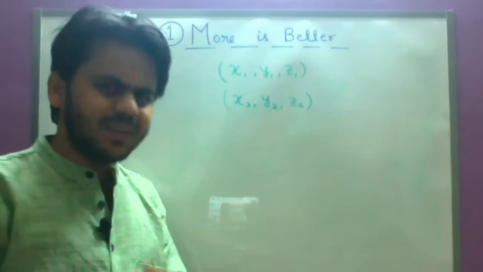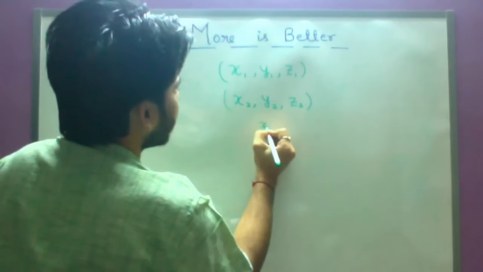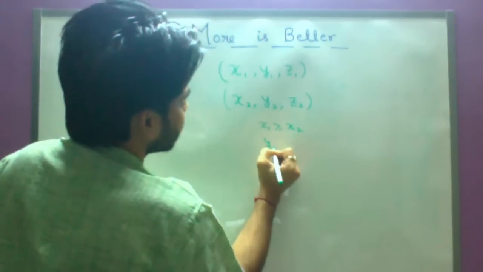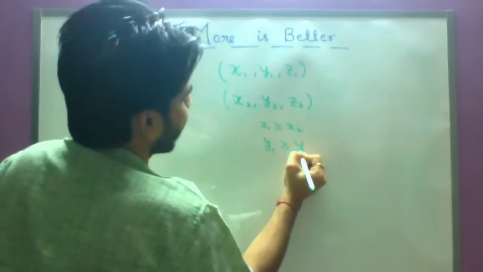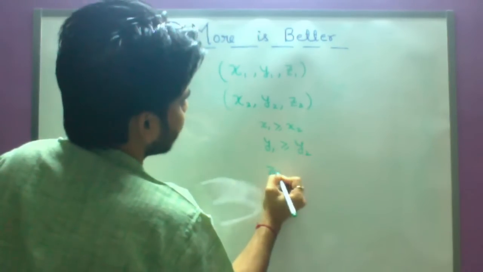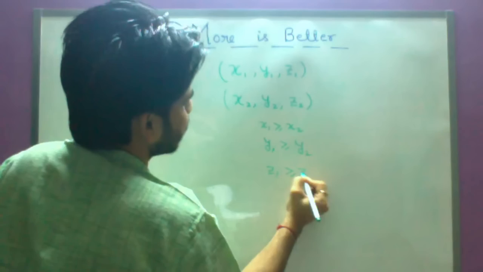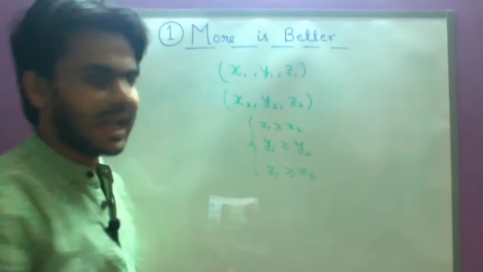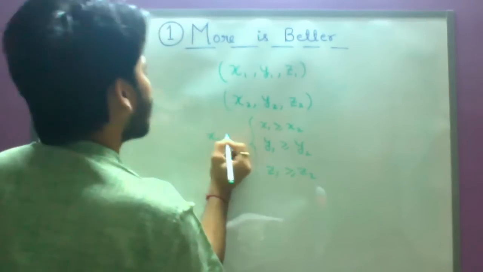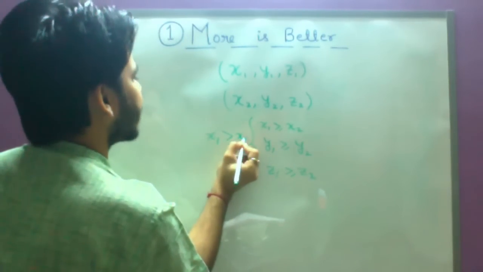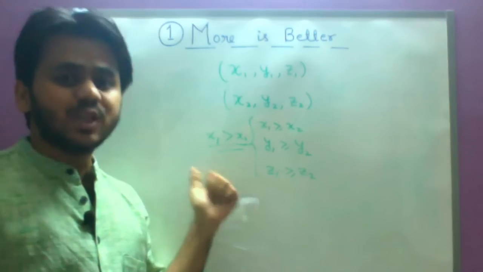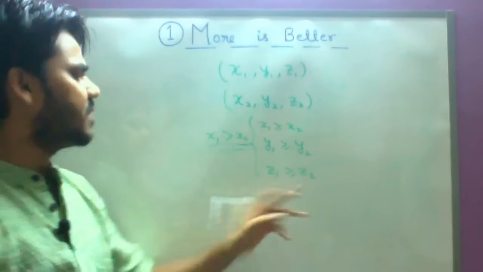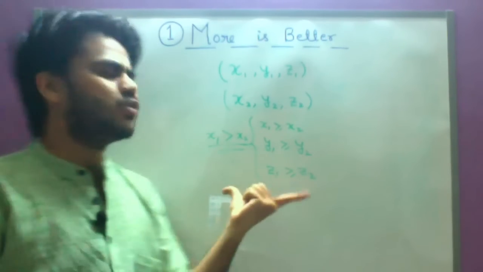Now I tell you that X1 is greater than or equal to X2, Y1 is greater than or equal to Y2, Z1 is greater than or equal to Z2, and an added piece of information that X1 is also strictly greater than X2. Now I could have said X1 greater than X2 or just Y1 greater than Y2 or just Z1 greater than Z2. Now why am I giving you this description?